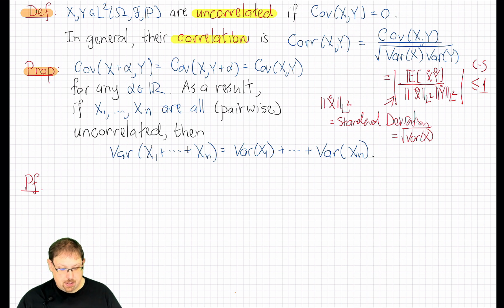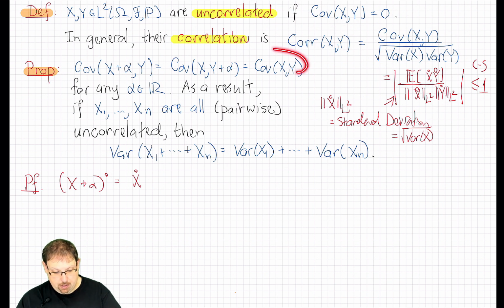So to see why this is true for the first property, just note that the centered version of X plus alpha is the same as the centered version of X, since both of them have expected value 0. And so that takes care of this statement immediately.